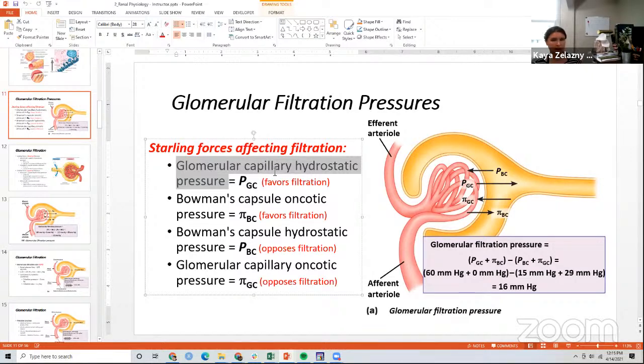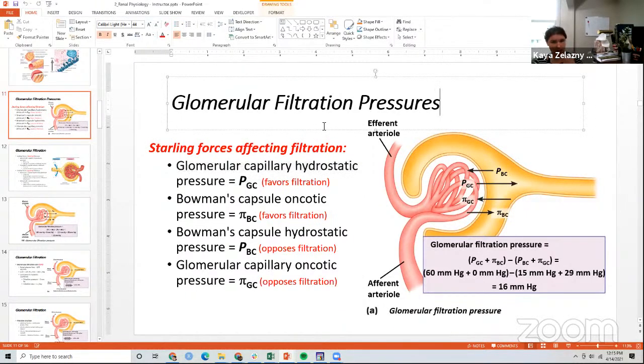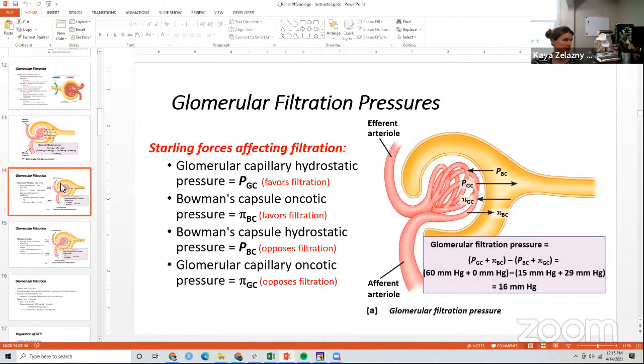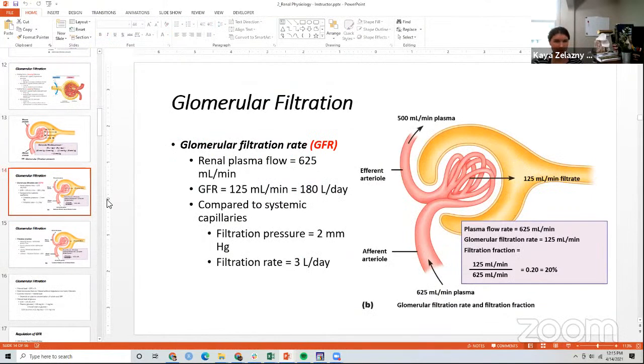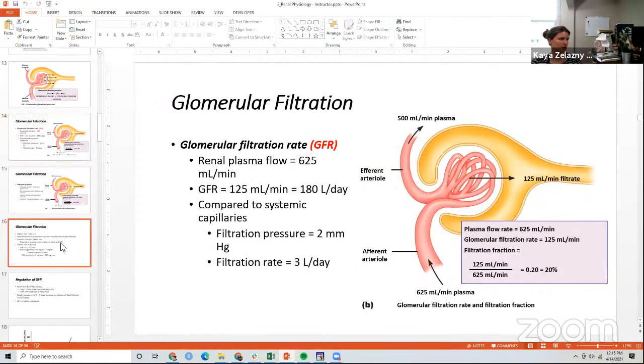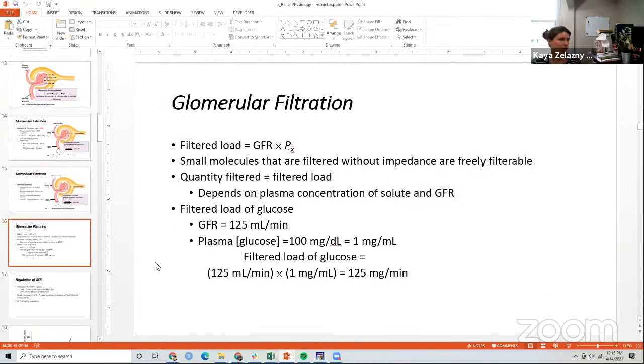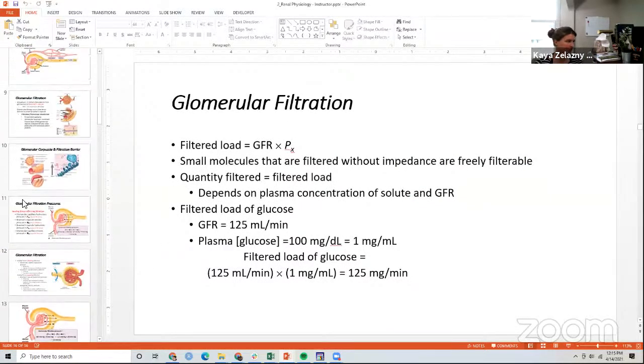Ultimately, these mechanisms come back to either regulation in the distal tubules and the collecting duct, or to changing these forces for filtration. As we change our filtration rate, we change what gets into the kidney, which means we change things like our filtered load, which we remember is how much of a specific molecule gets into the nephron. And then as we talk about filtered load, we can talk about how close that gets to a transport maximum.